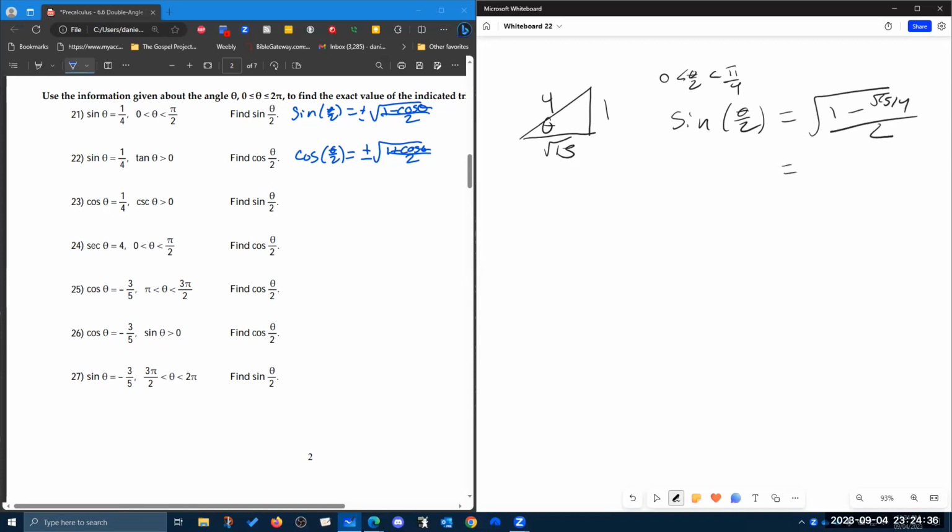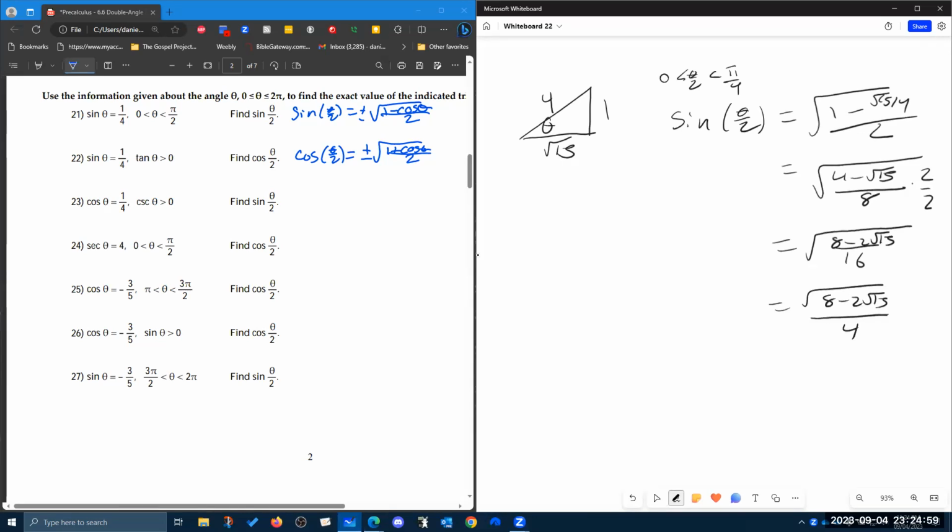And I'm going to multiply by 4 to get rid of the complex fraction there. Now I'm going to multiply by 2 over 2 to get a perfect square in the denominator here. And there's our answer.